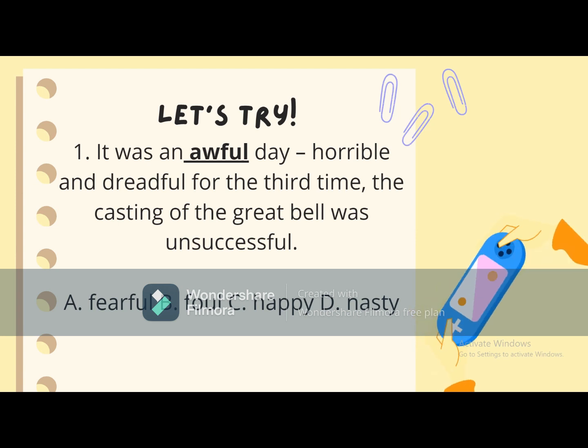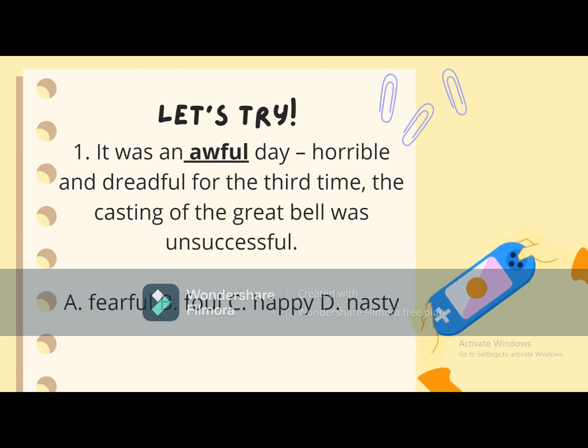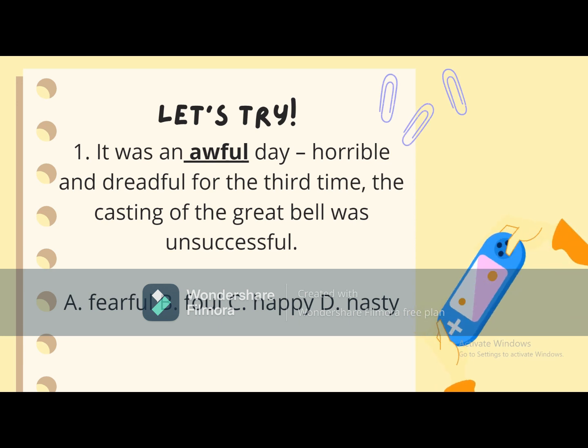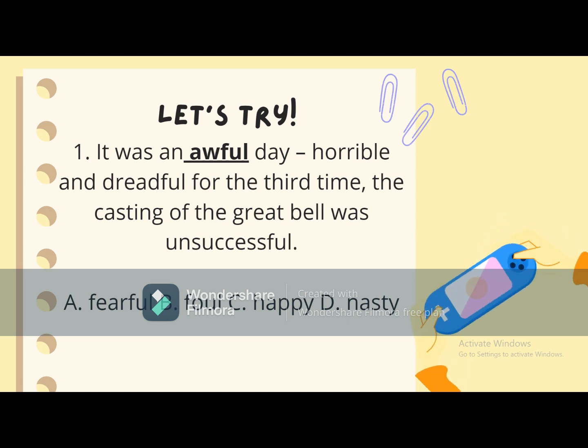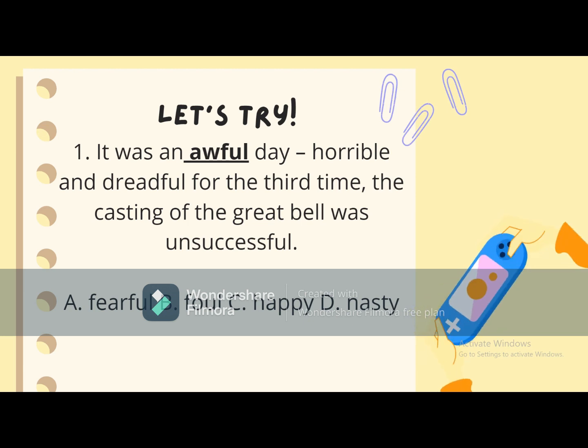Now let's try if you really understood our discussion. The same with our instruction in our review, all you have to do is to identify the meaning of the unfamiliar words highlighted in our sentence. For number 1, it was an awful day, horrible and dreadful for the third time.